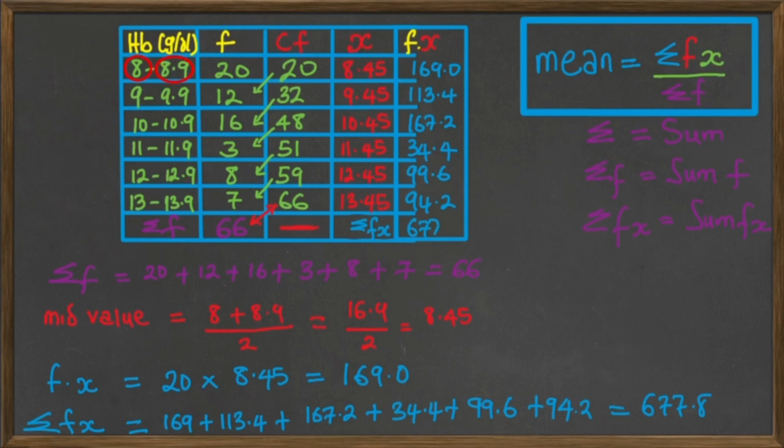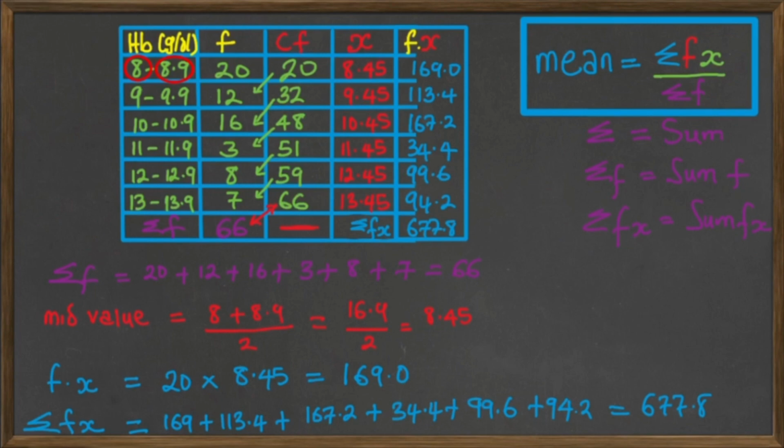So we have all the values that we need. We have the sum of f, which is our total frequency, and that's 66. We have our summation fx, which is our numerator, and that's 677.8. So all we need to do is to plug all of this into the formula.